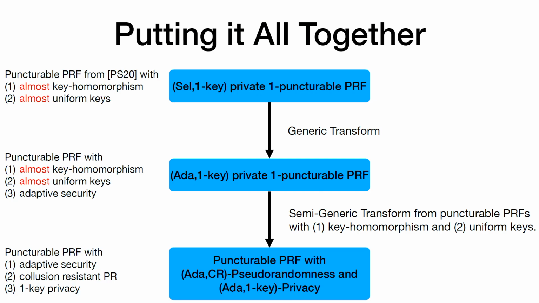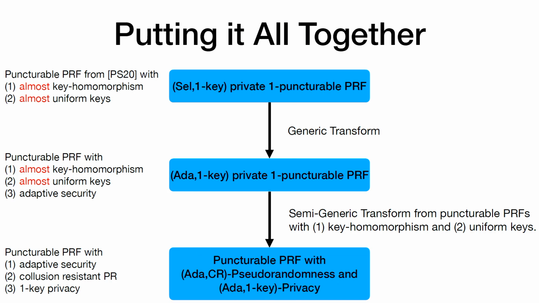Now to instantiate the generic construction, we start from the punctured PRF from PS20. It can be constructed from standard lattice assumptions, and it is almost key-homomorphic, and its PRF key is almost uniform.